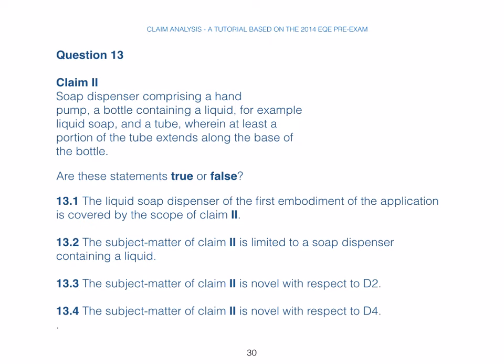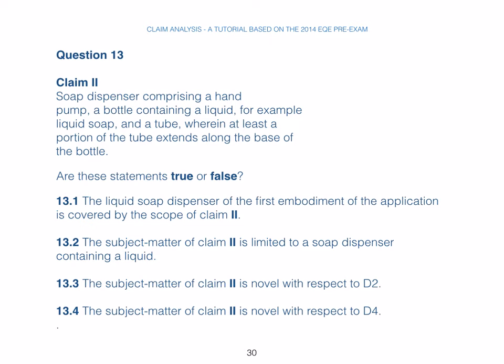And the four questions that you're asked to answer are: 13.1, the liquid soap dispenser of the first embodiment of the application is covered by the scope of claim 2. 13.2, the subject matter of claim 2 is limited to a soap dispenser containing a liquid. 13.3, the subject matter of claim 2 is novel with respect to D2, and 13.4, the subject matter of claim 2 is novel with respect to D4.